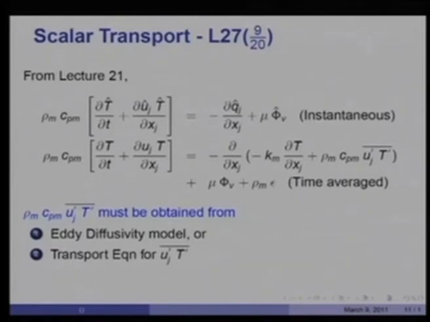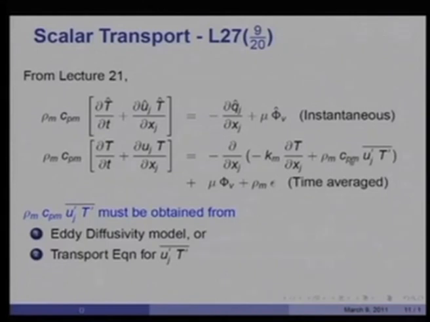Now, we turn our attention to turbulent flux. As you will recall in lecture 21, we said we begin by looking at the instantaneous form of the energy equation, and then time average it, and then we get this is the laminar flux, and this would be the turbulent flux.